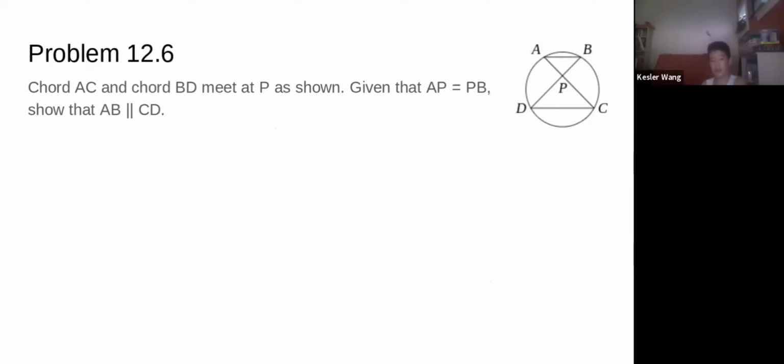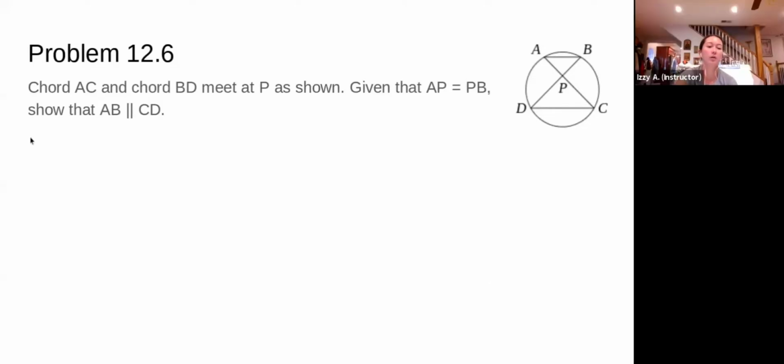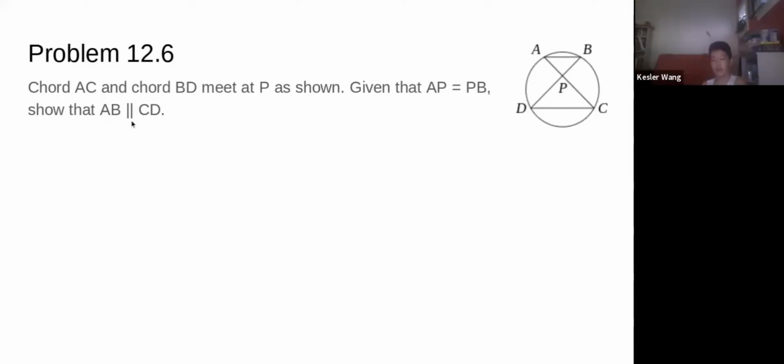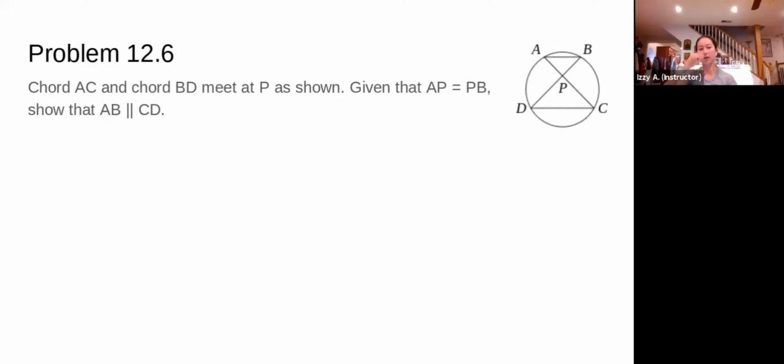Is that an equal sign or do you mean just parallel? Oh, the sign here? Yes, if you see the sign, that's showing that AB is parallel to CD. So in this case, you want to show that AB is parallel to CD.